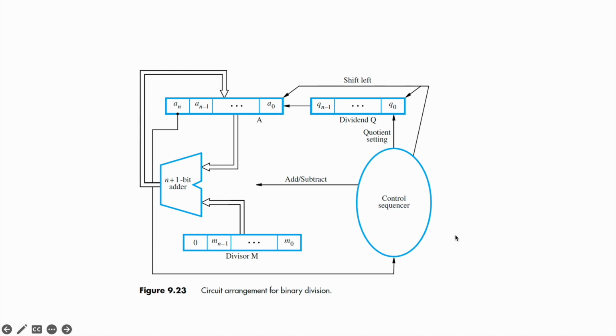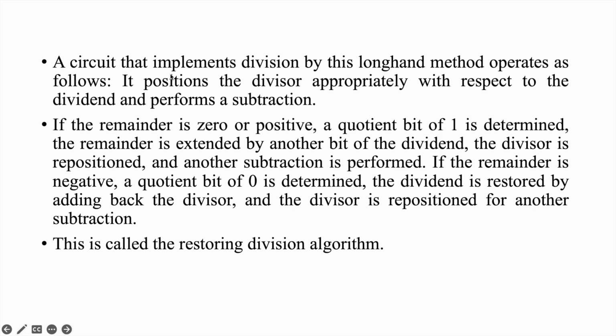Let us discuss how this algorithm performs. The circuit implementation follows the 3 operations that we have discussed earlier. The divisor will be subtracted from the dividend, and if that result is 0 or positive, we take the quotient as 1.